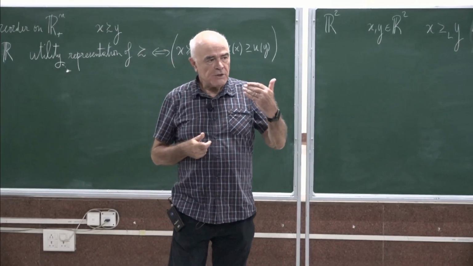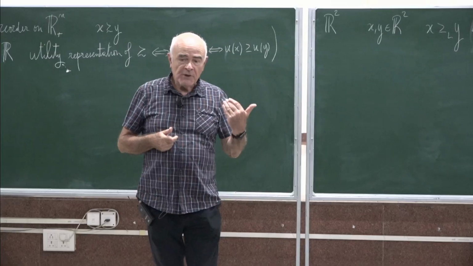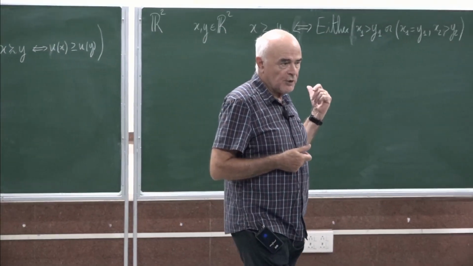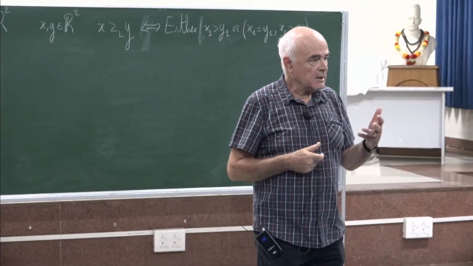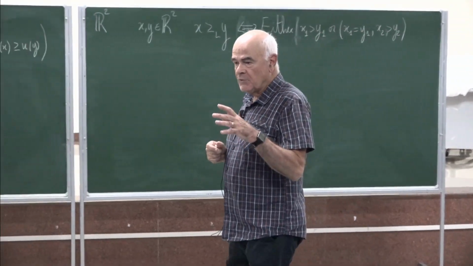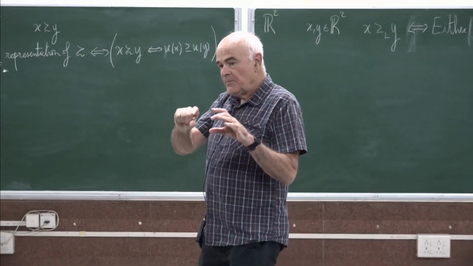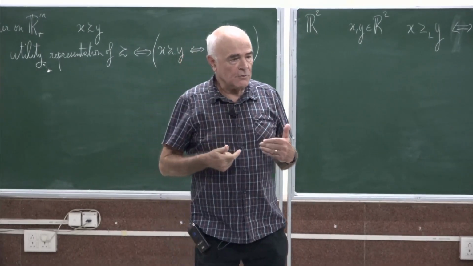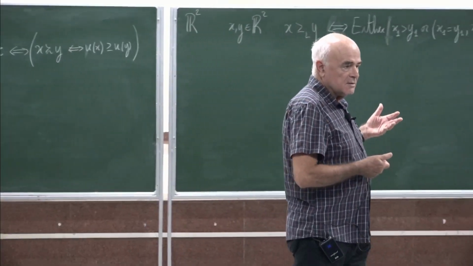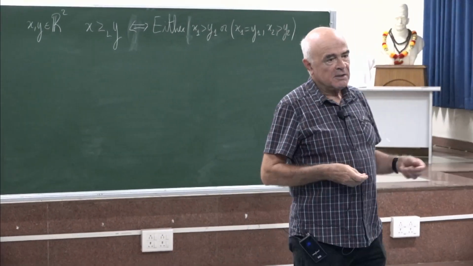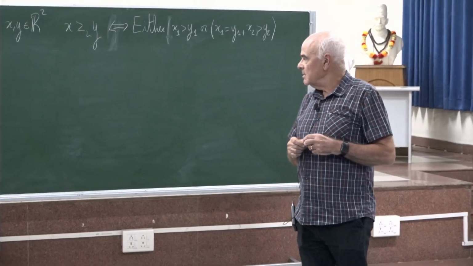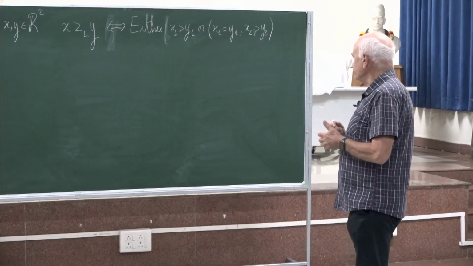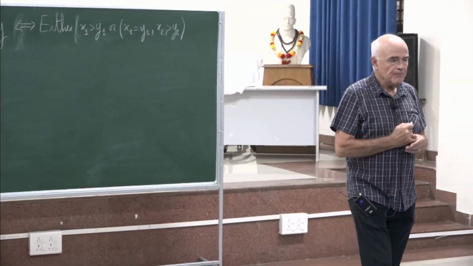And then the one which has the largest different component is the largest vector according to the lexicographical order. Like words in a dictionary, we classify them according to the first letter. If the first letter is the same, we go to the second letter, and so on and so forth. So this is why lexico appears in this definition, in this terminology. Okay.